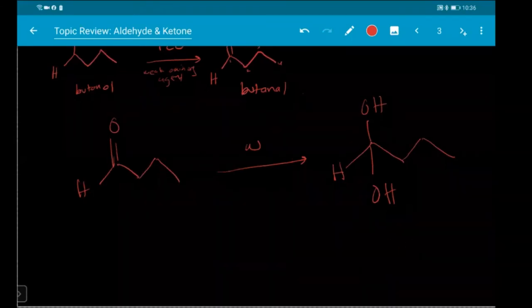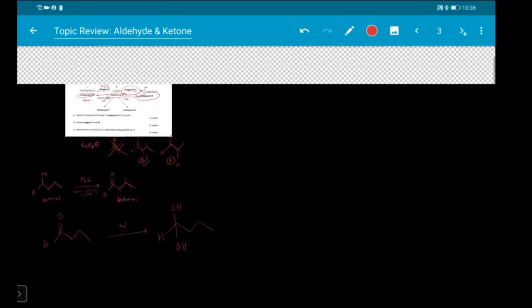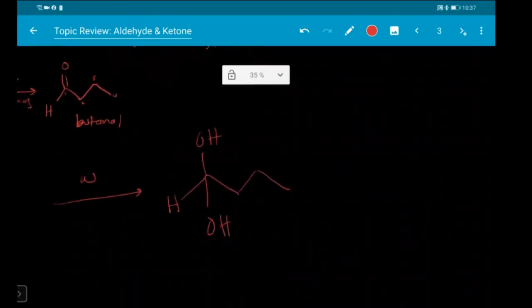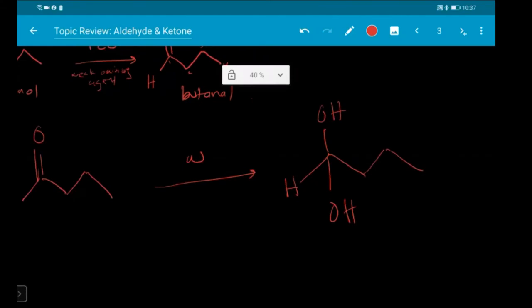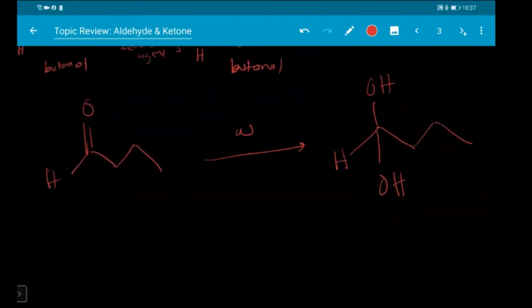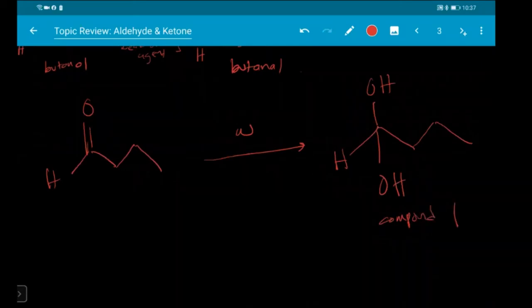Compound R. Okay. Soalan dia, in compound R, what is the difference between the compound R dengan butanol ni tadi? The compound Q ni.